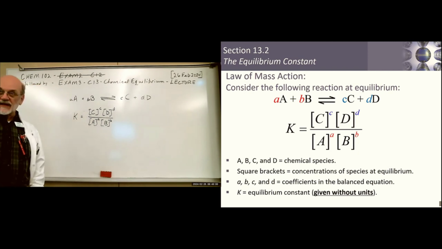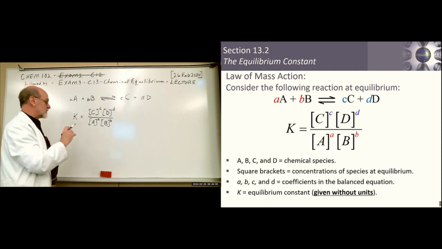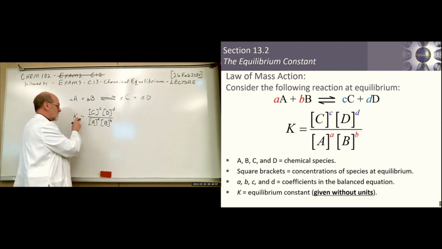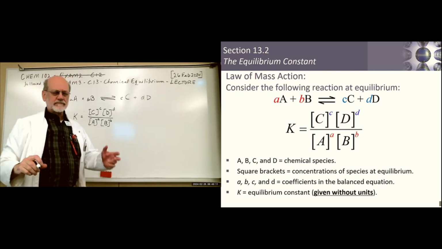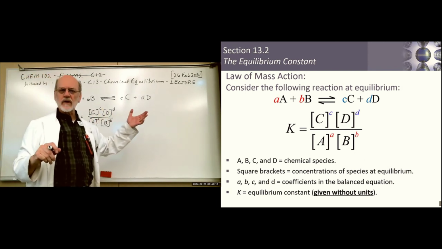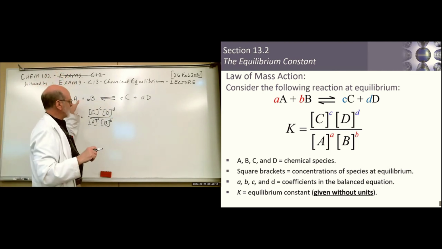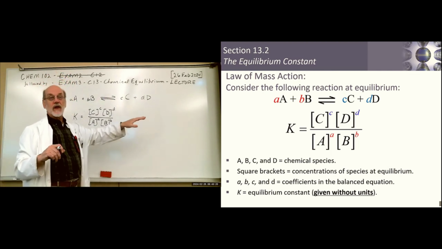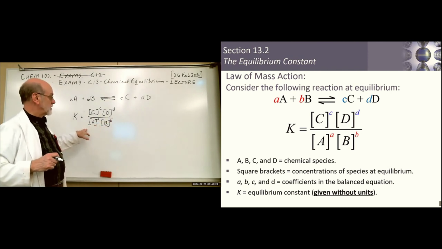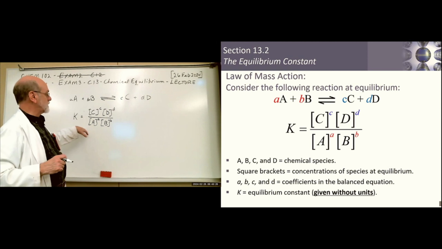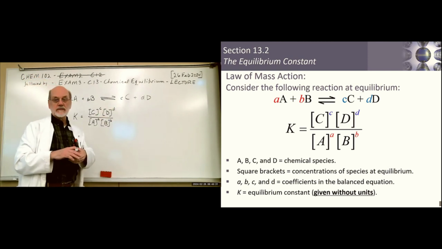And that, for a given temperature, must remain constant. So unlike in kinetics, where we learned that you can't use the coefficients of the overall reaction to determine the rate law, the law of mass action is easily written using the coefficients as powers.